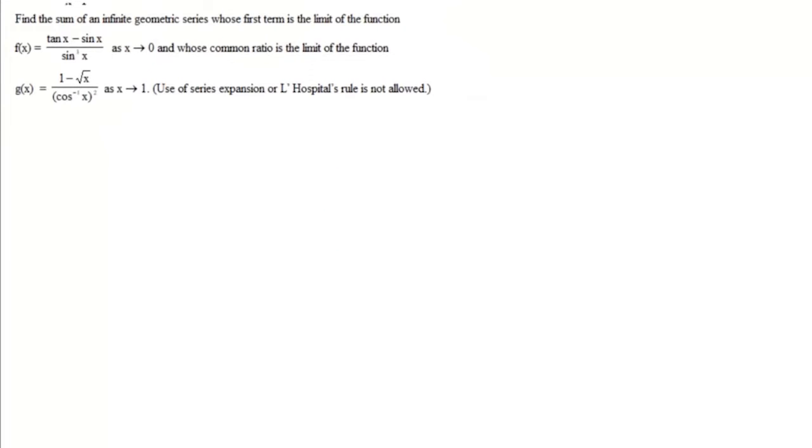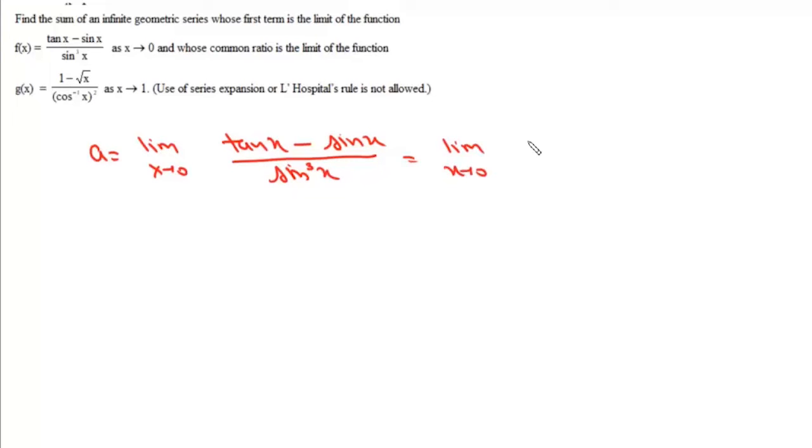Now the question is, find the sum of an infinite GP whose first term is this limit x tends to 0 of (10x minus sin x) upon sin cube x. Now if we take 10x common, we can write this as limit x tends to 0, 10x into 1 minus cos x upon sin cube x.